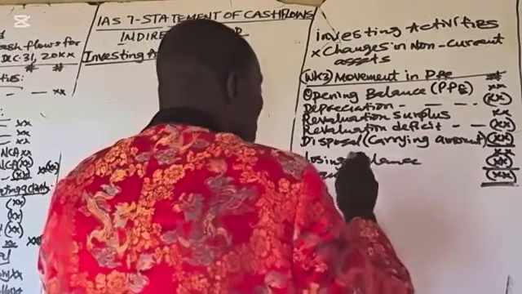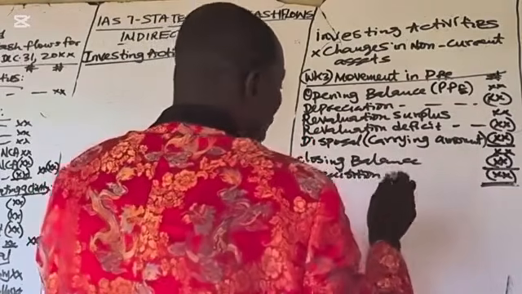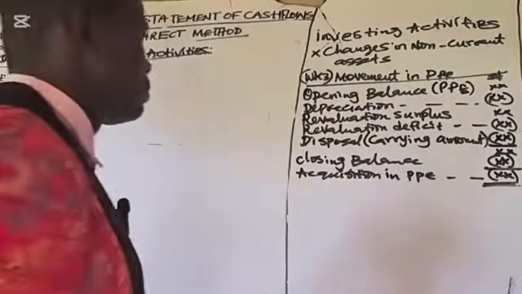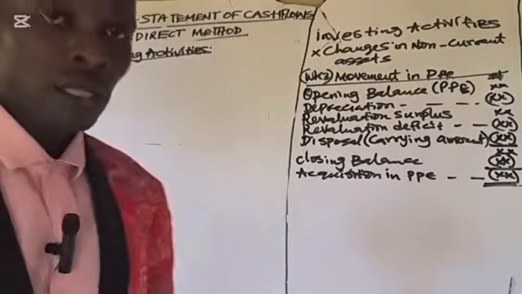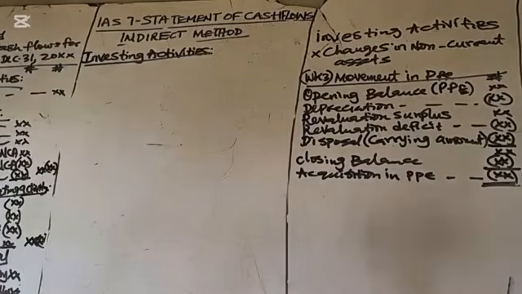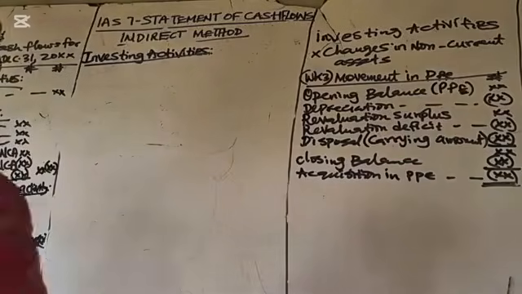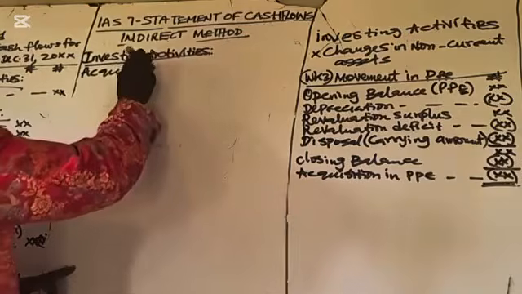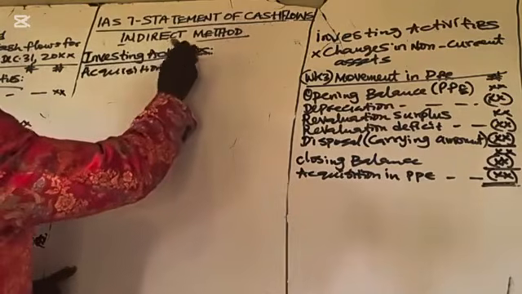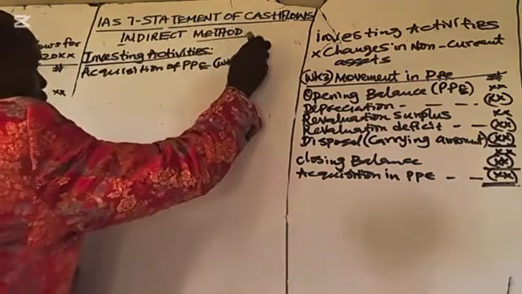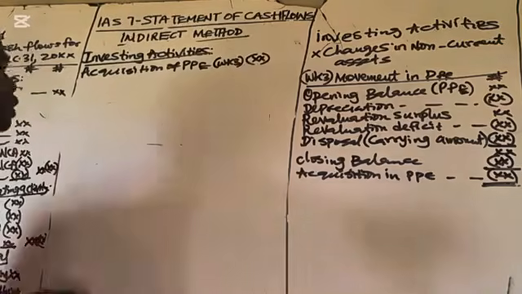So an acquisition of PPE will result in an outflow of cash or cash equivalent, and it will be reported as investing activities. So you have acquisition of PPE during the period. That is working number 3. Acquisition results in an outflow of cash.